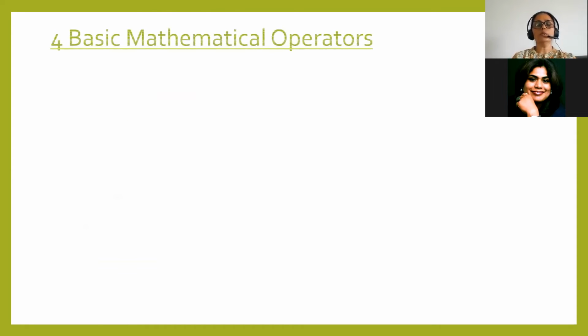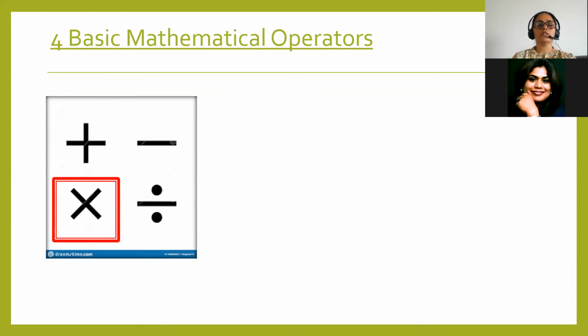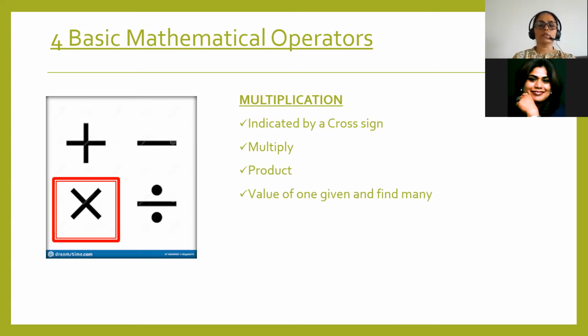Moving forward to multiplication. In multiplication, this is your multiplication sign, which is indicated by a cross sign, that is two diagonal lines intersecting each other. What are the words that you have to be sensitive and alert to? Multiply the following numbers. Find the product of the following numbers.